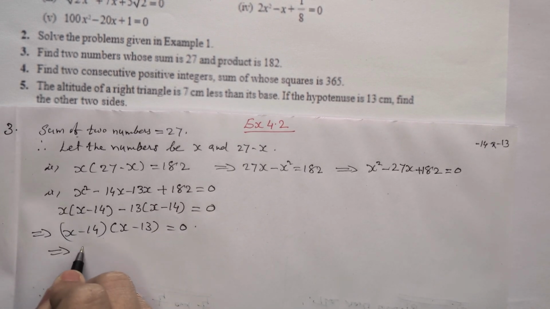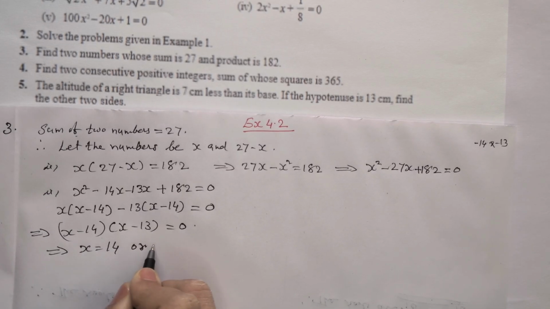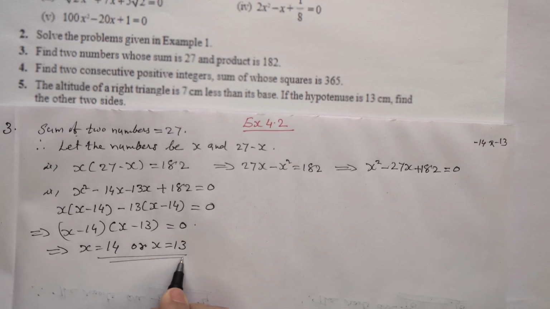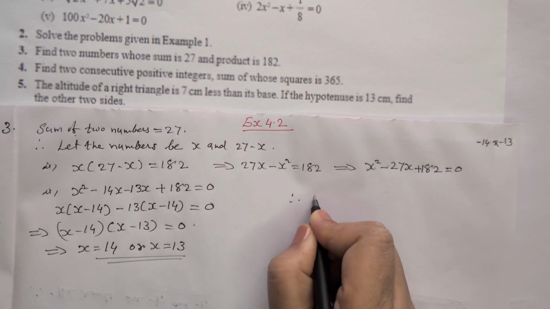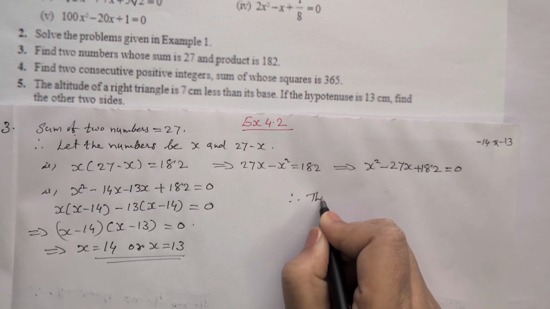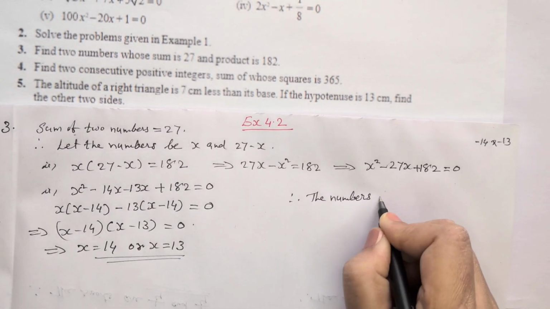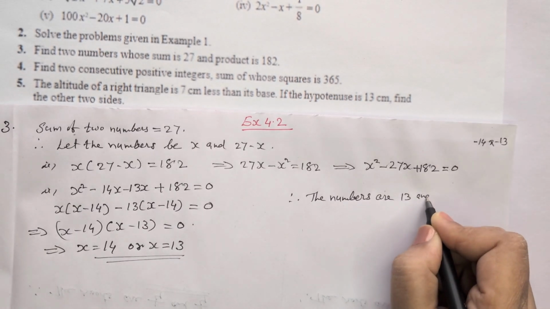That means x is equal to 14 or x is equal to 13. Now we got the value of x as 13 or 14. Then we can write, therefore the numbers are 13 and 14.